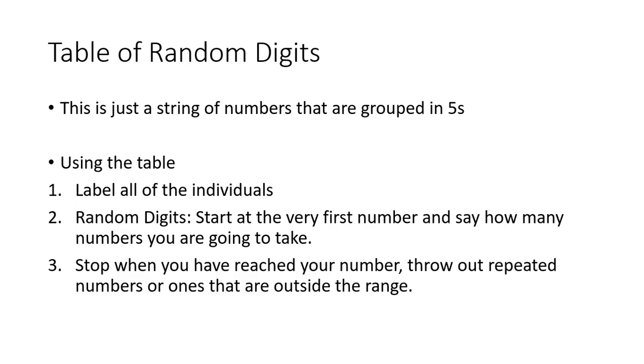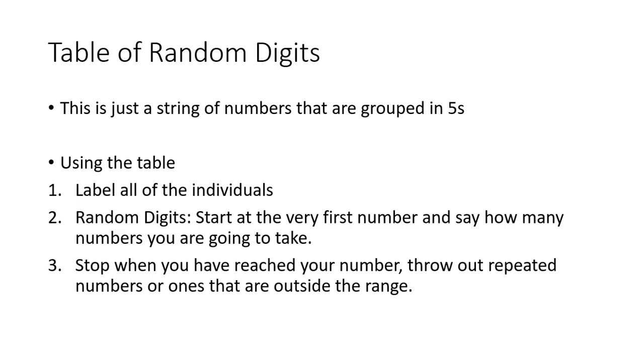So if you have numbers from 1 to 150, you're going to go 001 up to 150, and you would take groups of 3. Every group of 3 that falls into that range of numbers, you count. If they don't, then you skip that set of numbers. You keep doing that until you've got however many you want.